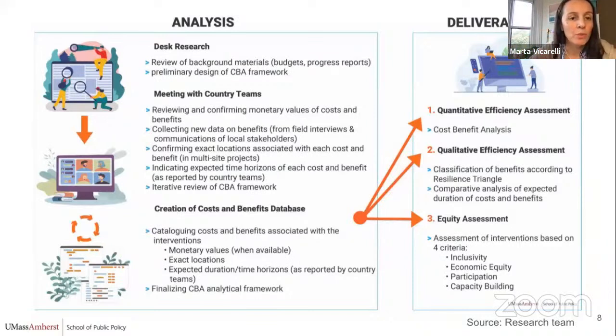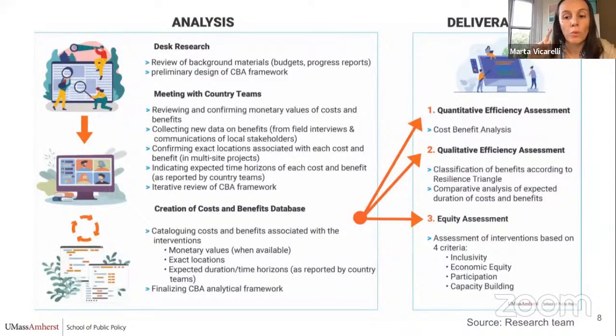Essentially, in the cost benefit, we were able to include only costs and benefits that can be monetized. But there were a lot of benefits, not costs, that we could not monetize. The costs were all monetized, but there was no data at the moment, because it was too early in terms of the impacts of the project, and there was not enough time to collect the data.